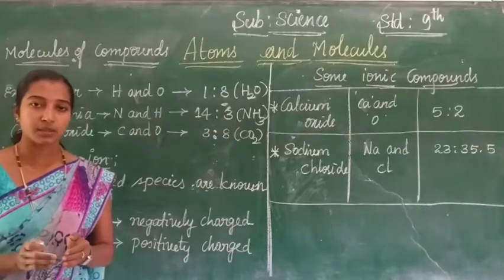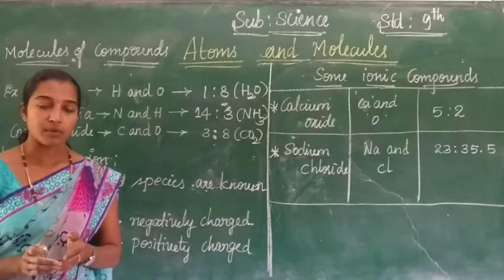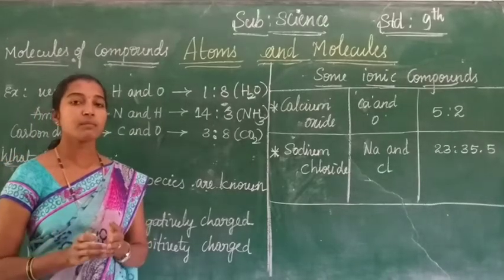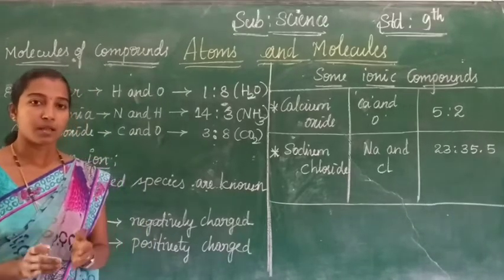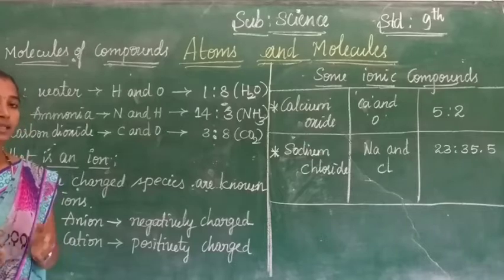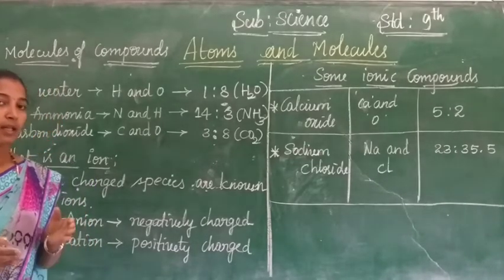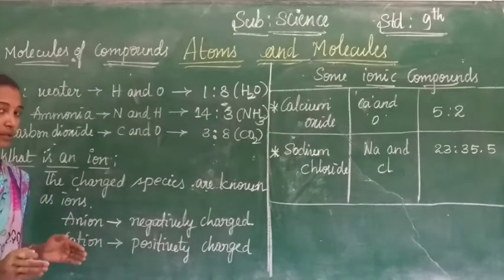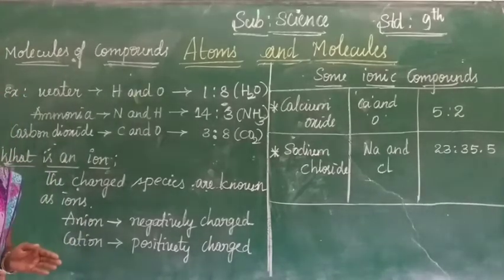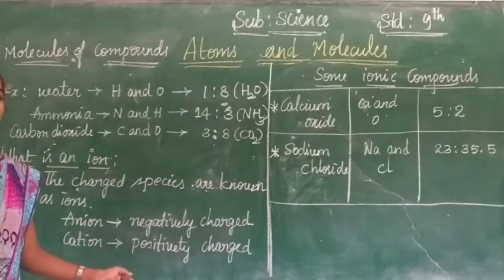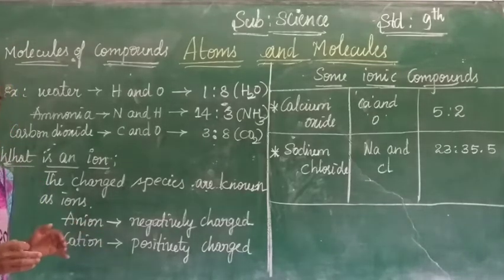Both attract together to form a compound. Such compounds are called ionic compounds. Sodium chloride is called an ionic compound. The negatively charged species are known as anions. The positively charged species are called cations.